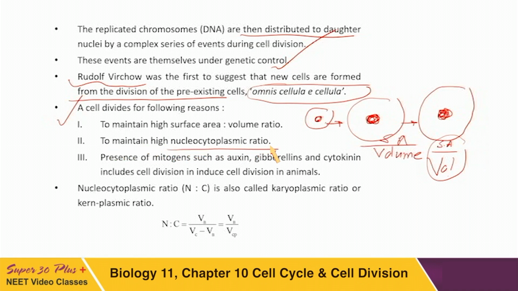One more thing happens here: when the cytoplasm content is more, the control of the nucleus will decrease. Therefore, to maintain this nucleocytoplasmic ratio, the cell has to divide. The nucleocytoplasmic ratio is also called the karyoplasmic ratio, which is to be maintained, and to maintain this, the cell has to divide.